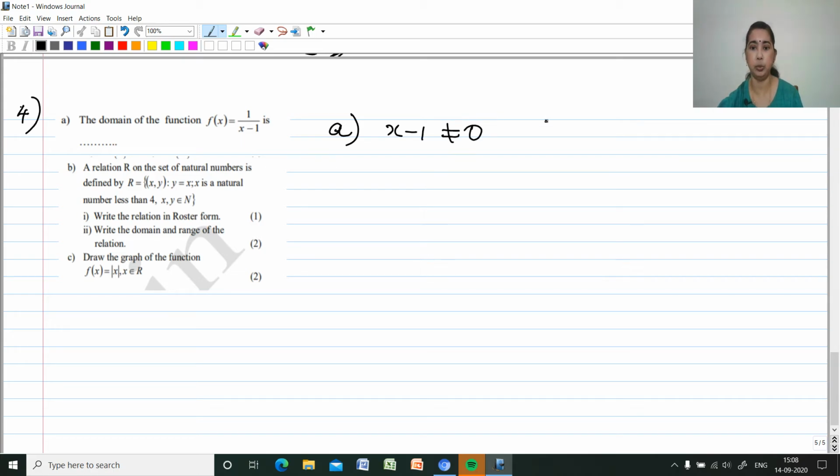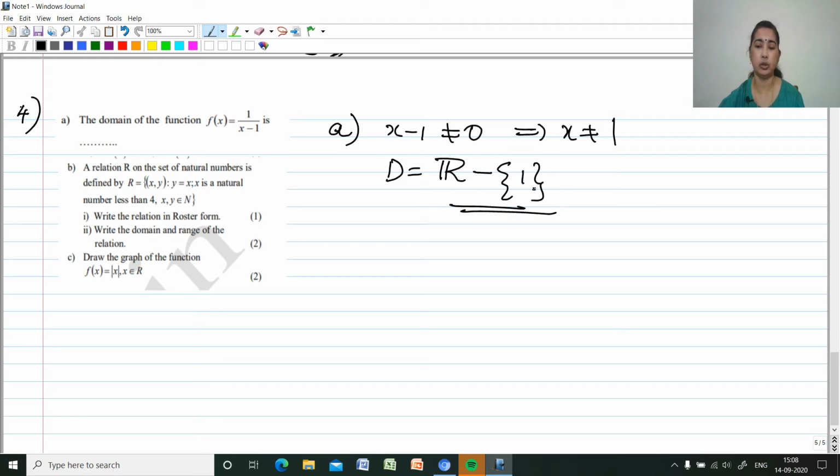That means x cannot take the value 1. So, this function can take all the values except 1. So, what can be the domain? Domain can be all the real numbers minus set 1. So, R minus set 1 is the domain of the given relation.